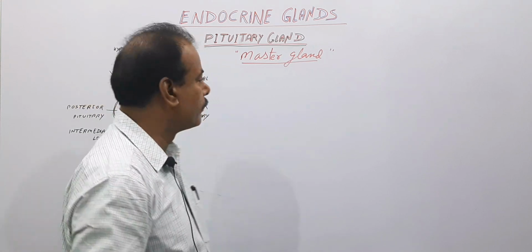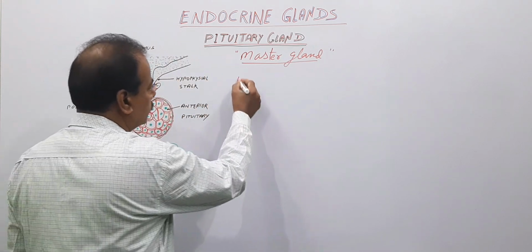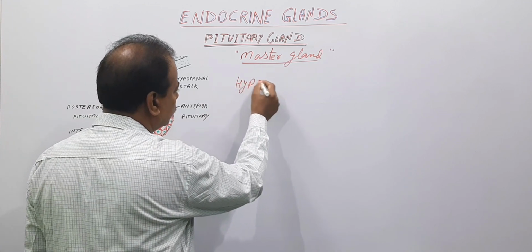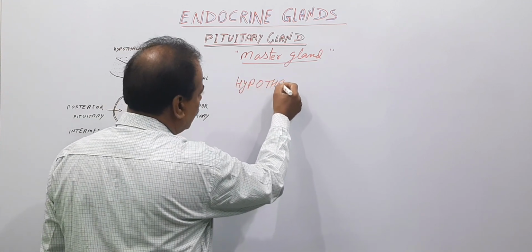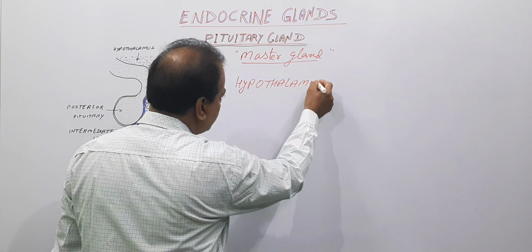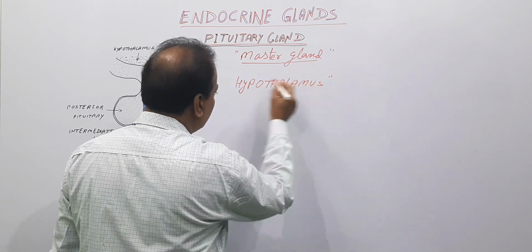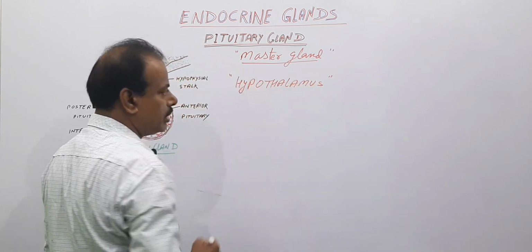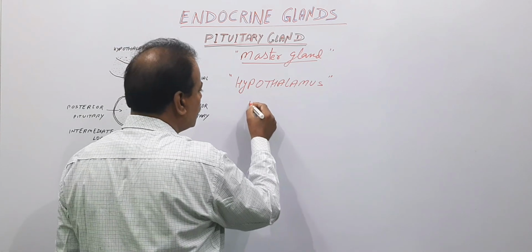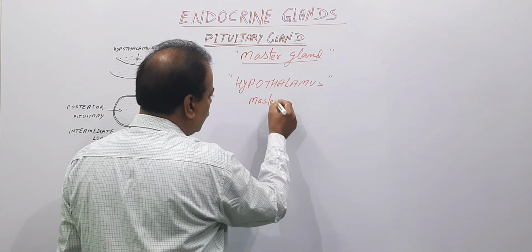But again, the hypothalamus controls the activities of the master gland. That's why it is known as the master of master glands.